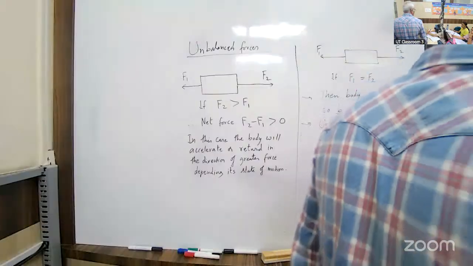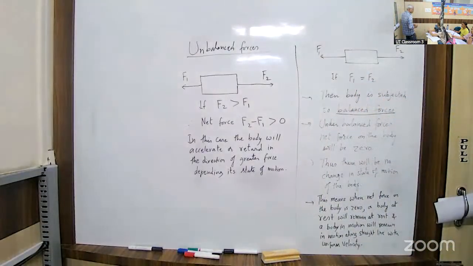Okay, I'll actually work out the things depending on its state of motion. You're writing while I'm still speaking, right? So you're picking up whatever I'm speaking, you're writing in parallel. So what does it mean?